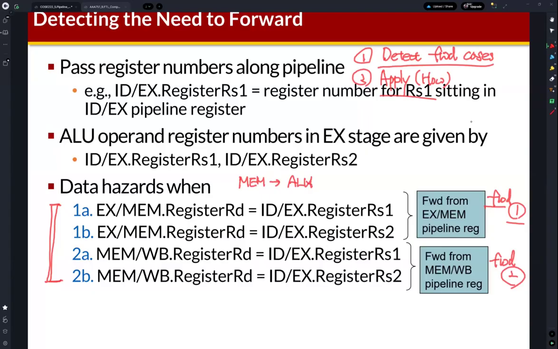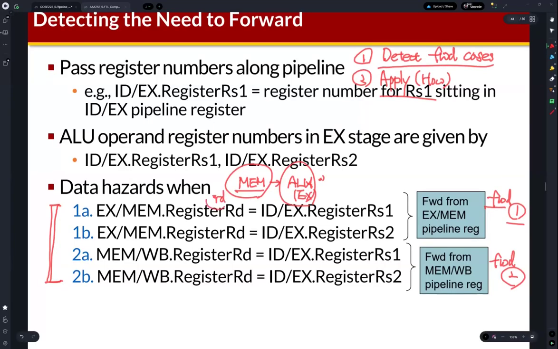Where is the ALU? The ALU is in the EX stage, right? So the former instruction is in the memory stage, and the following instruction is in the EX stage. Then we need to check the RD of the former instruction, and this RD represents the RD in the memory stage, okay?